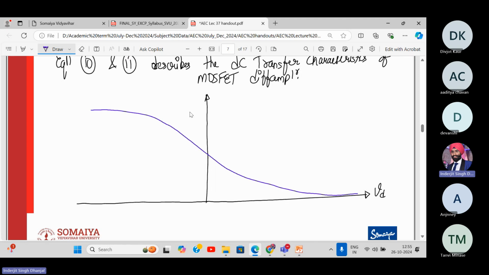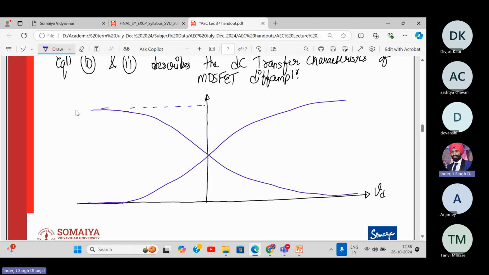And on this side, it will be on the same lines. Start from here. Here it is.